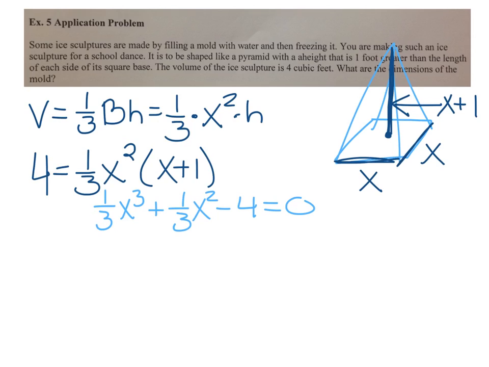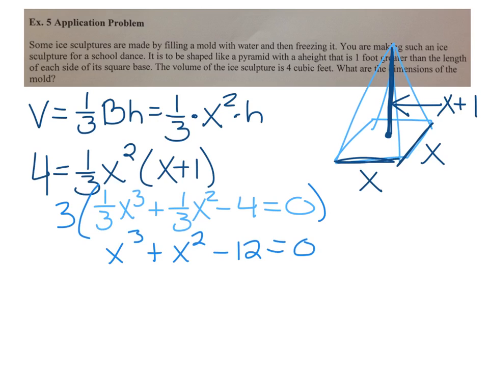And when you don't want to play with fractions, if it's an equation, it's fair, it's allowed, as long as it's an equation, to multiply everything by 3. You can't simplify just an expression that way, and some of you guys have been trying to do that, but you can't. However, in this case, you can do the equation by multiplying it all by 3 and having x cubed plus x squared minus 12 equals 0, because the roots are going to be the same.